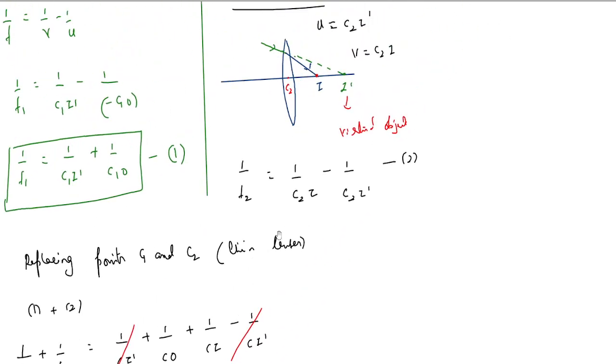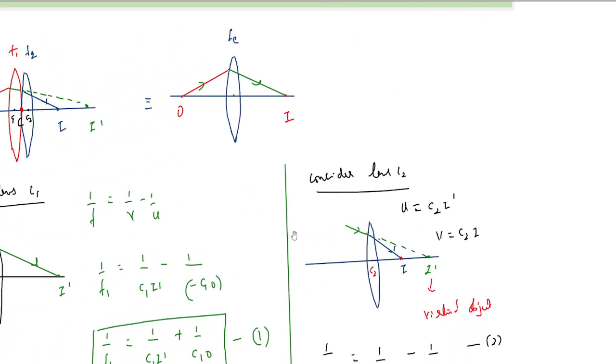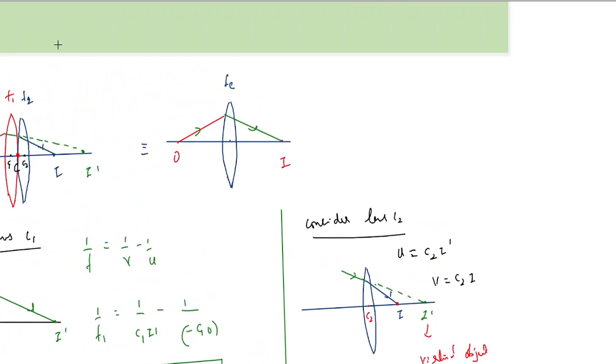Now, what is the expression for an equivalent lens? That is, for this equivalent lens, what is the lens equation? Here, 1 by Fe is equal to 1 by V minus 1 by U. We know this is the lens equation. We call it as 4.